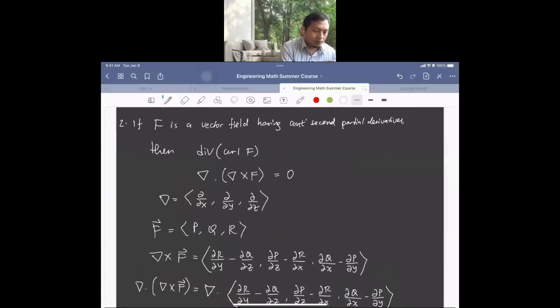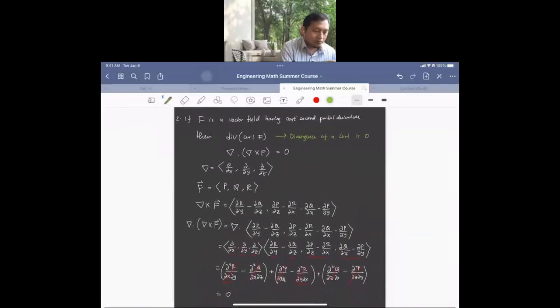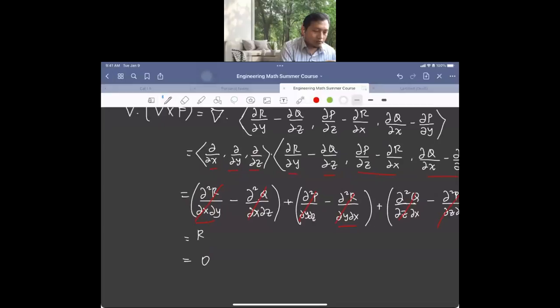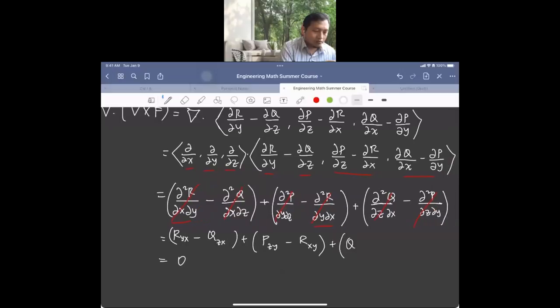So the divergence of a curl is 0. Or you can also write it using the notation from the previous curl property: this is r yx, this is q zx, and this will be p zy minus r xy, and then plus q xz, p yz.